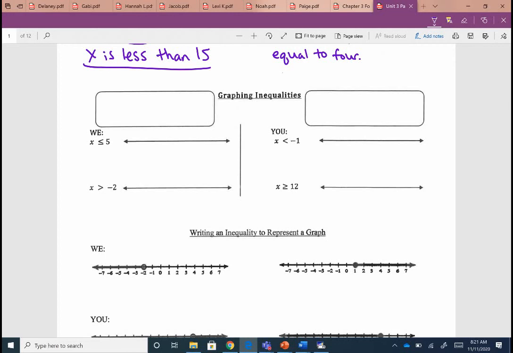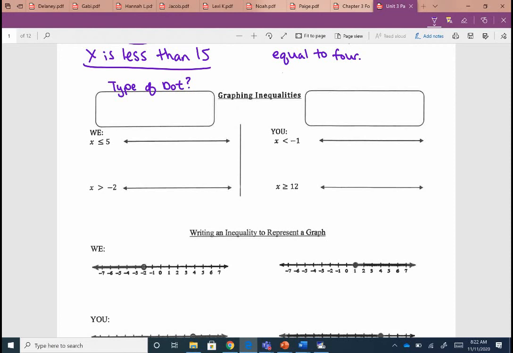When we graph, we need to put a dot on our number line. And there's 2 different types of dots we use, or some people like to call them circles. So I'm going to put on here type of dot. So write down what I'm writing down.